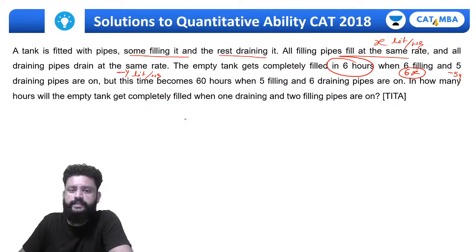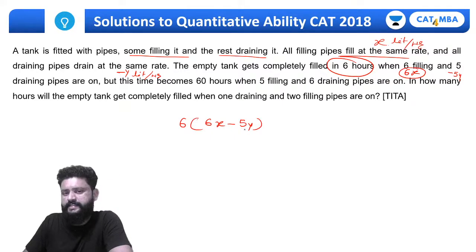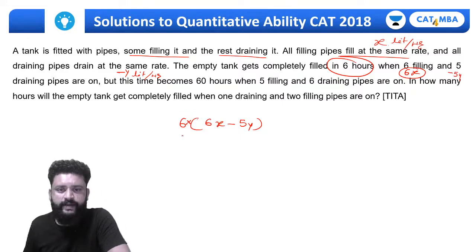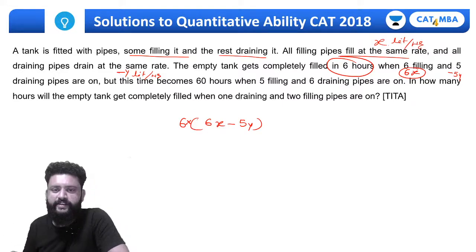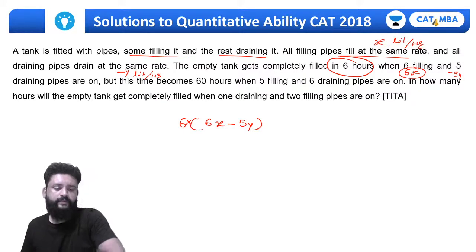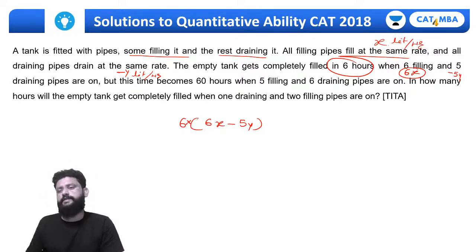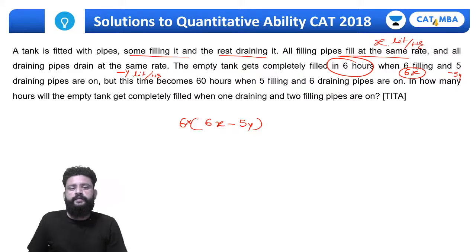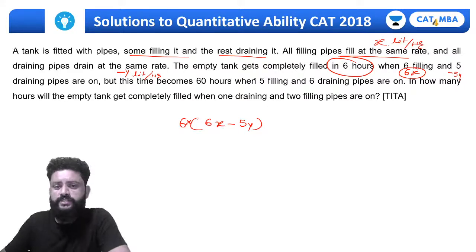So what is the capacity of the tank? It must be 6 hours into (6x minus 5y). In 1 hour 6x minus 5y, so in 6 hours 6 times (6x minus 5y). This is like a time and work question, similar to the group work question we solved recently.